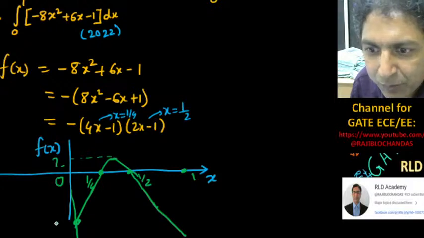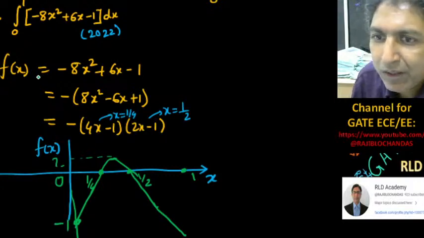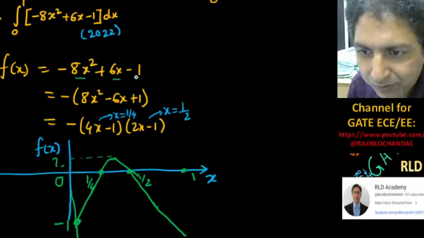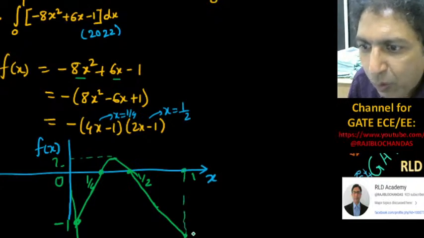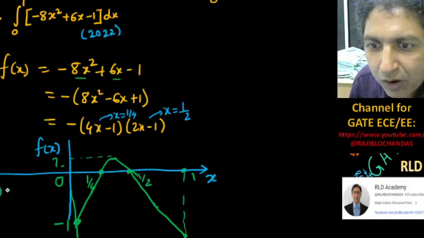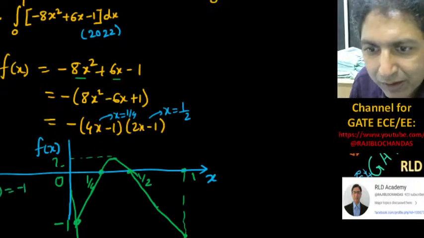So f of 0 is obviously minus 1. If I put x equal to 0, so this value is 0, this value is 0, so this is minus 1. Correct? And x equals to 1, what is the value? So f of 0, I have got minus 1, and what is f of 1?